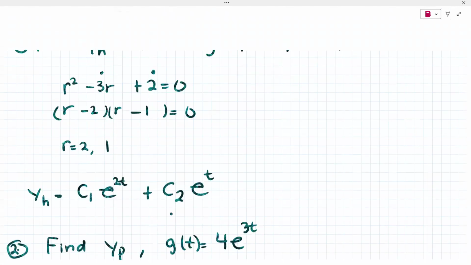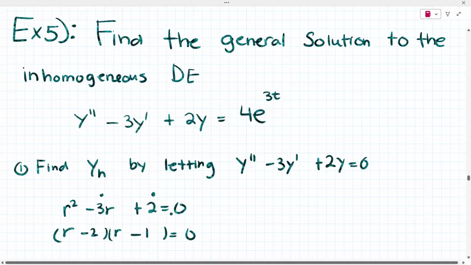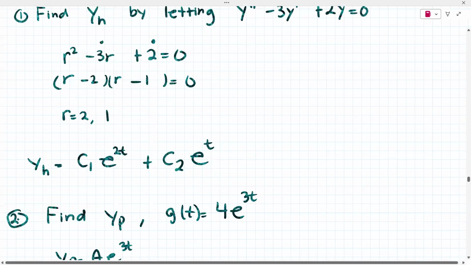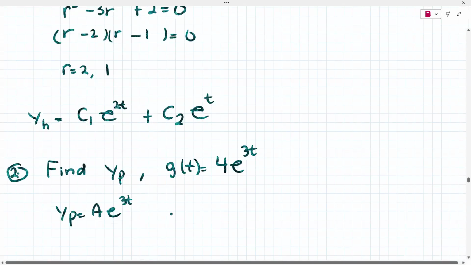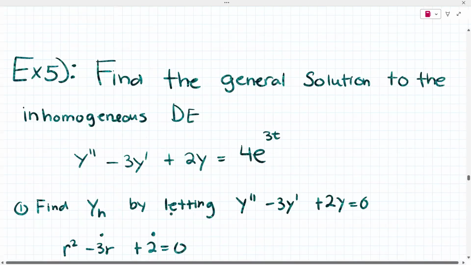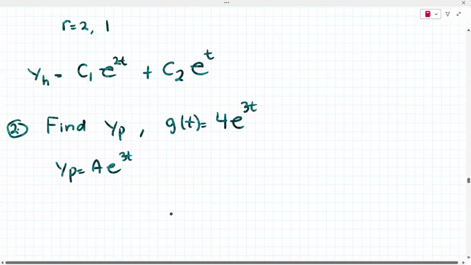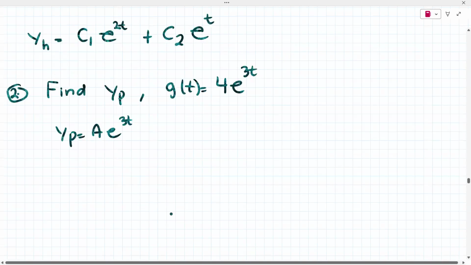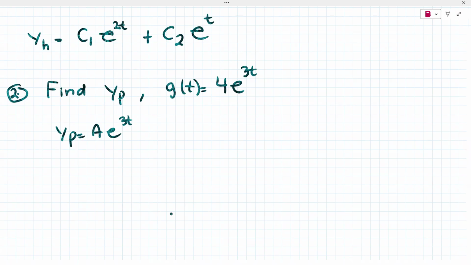So for my g(t), my g(t) is on the right. This is my g(t), right? And what would be my guess? My guess would be yp equals constant times e raised to the 3t.